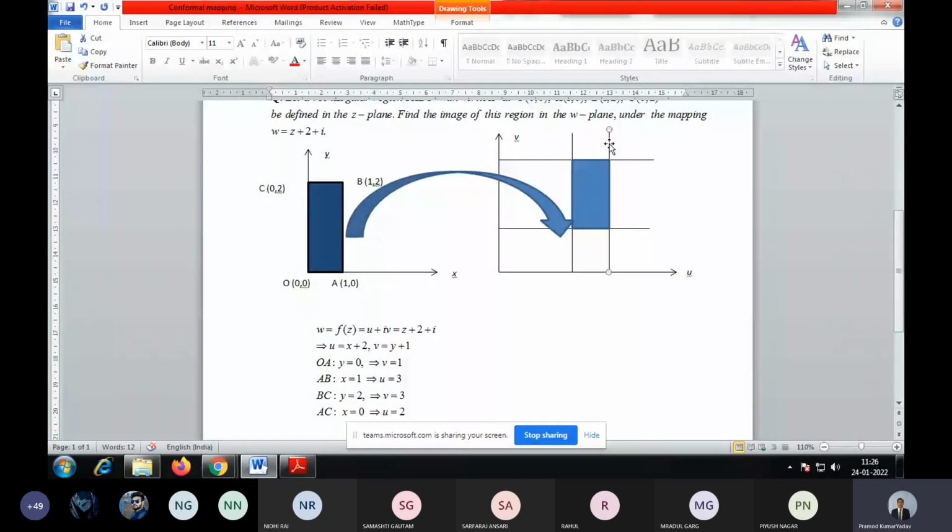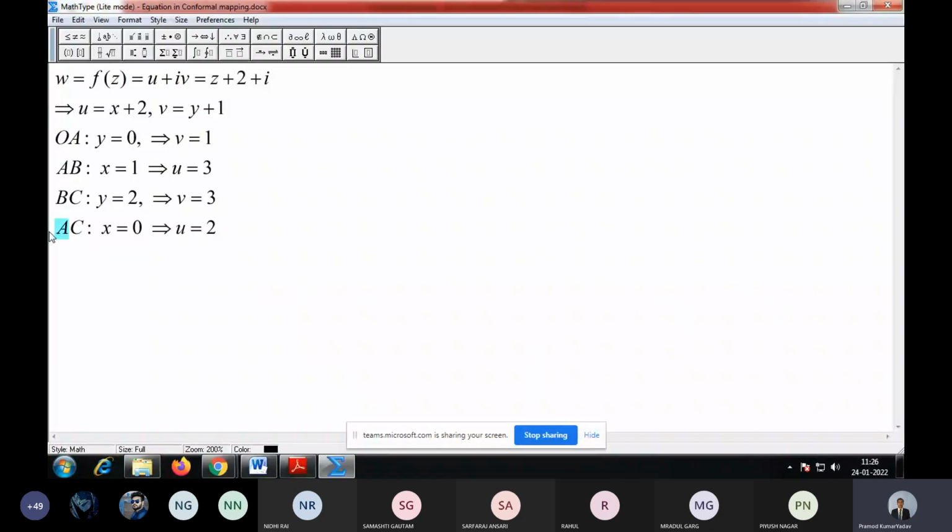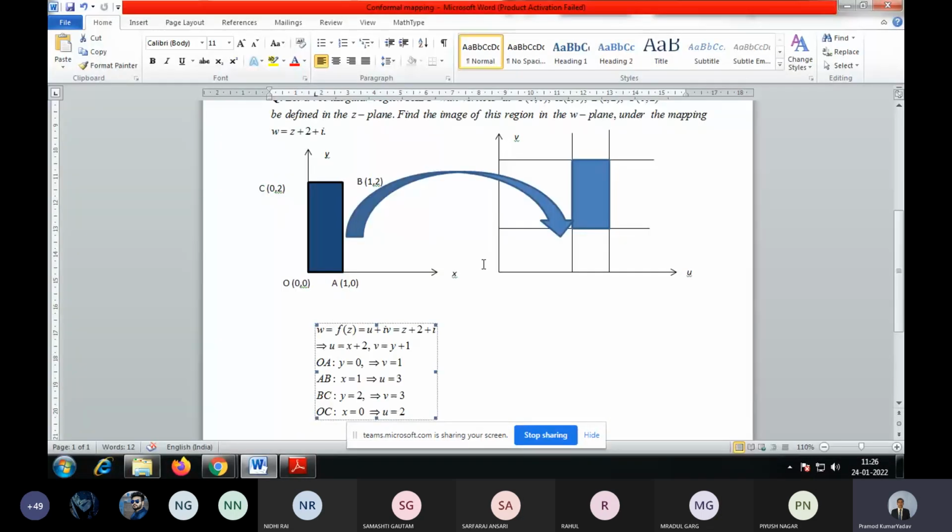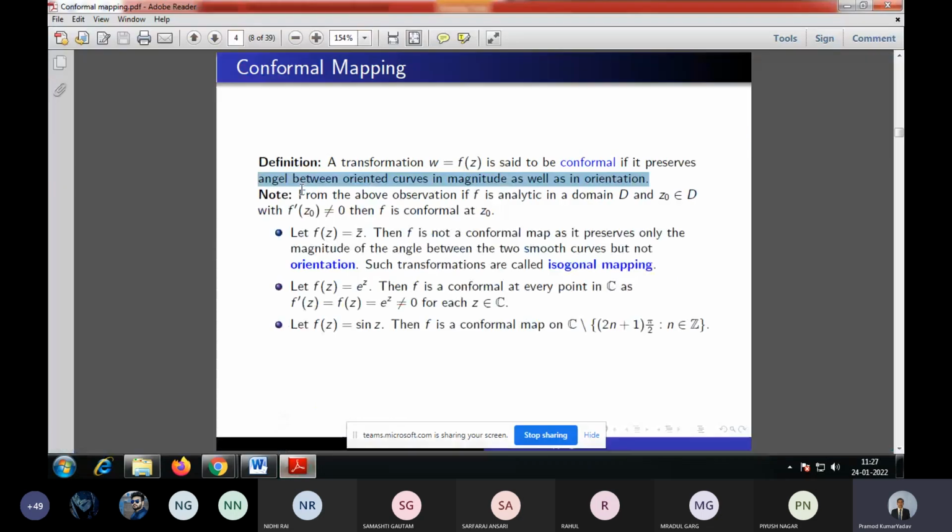Then CA, not CA, it is wrong, it is CO or OC, we may say OC. This OC was transformed to this line. So this W equal to f(z) is said to be conformal if it preserves the angle between oriented curves.